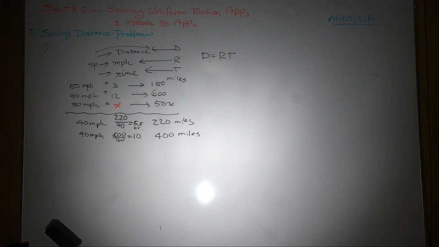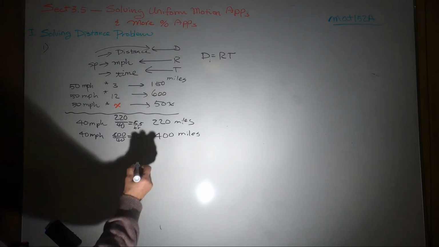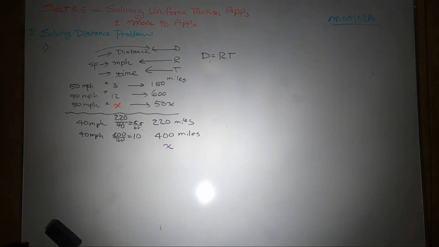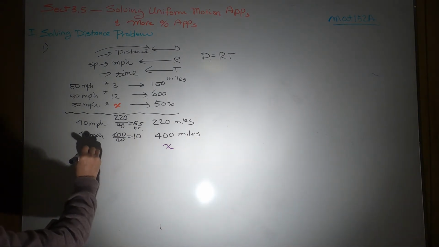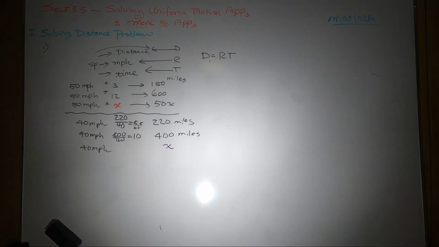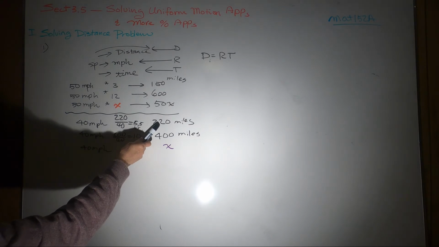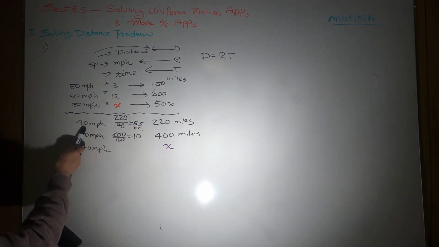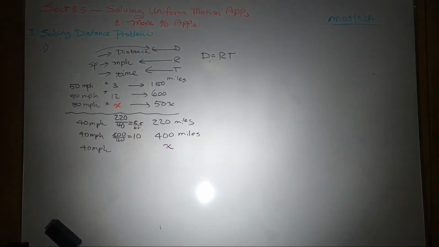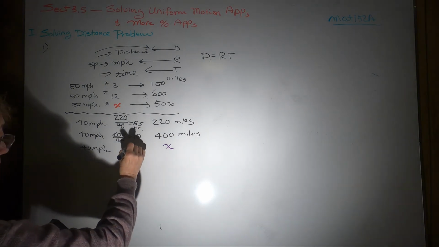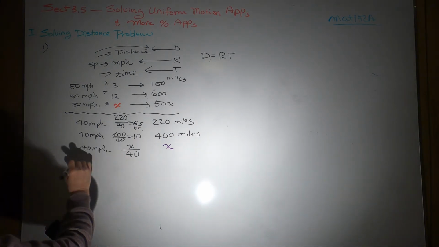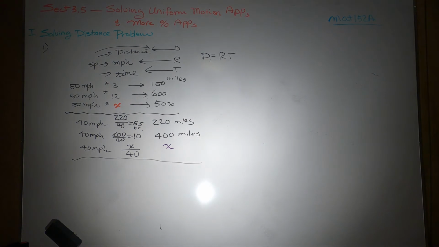Then if we want to practice the X, say I'm going to drive X miles, still with the same speed. How long will it take you? You use distance divided by your speed. That would be your time, right? So that would be X divided by 40. That's how you do it.